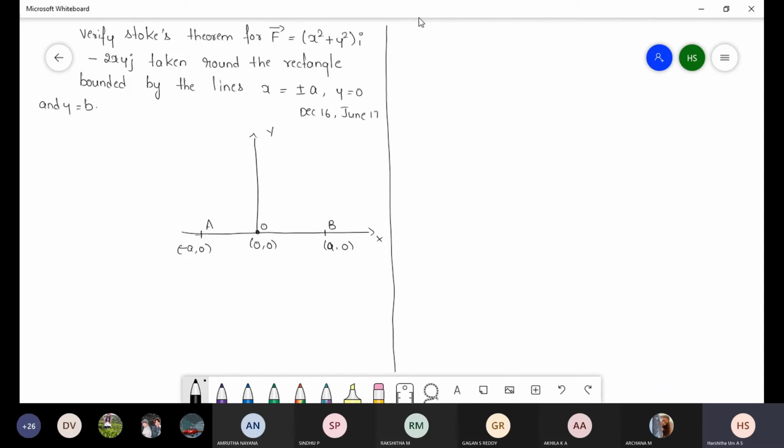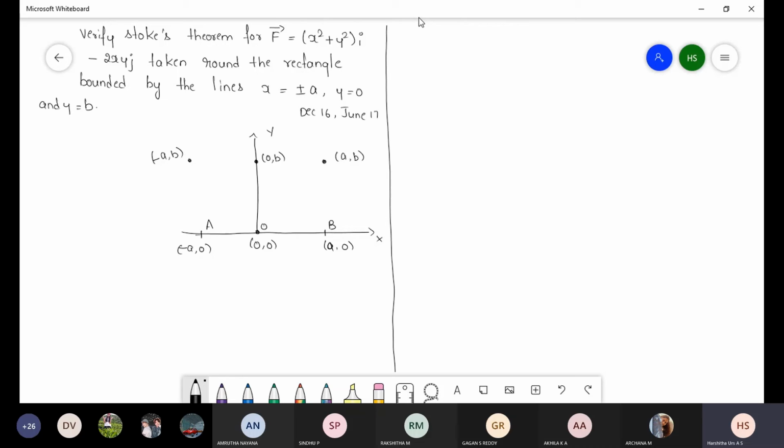Next, this is 0 comma b. So here we get a comma b and here also minus a comma b. One is for 0 and one is for b. First we have to write a to 0, minus a to 0.